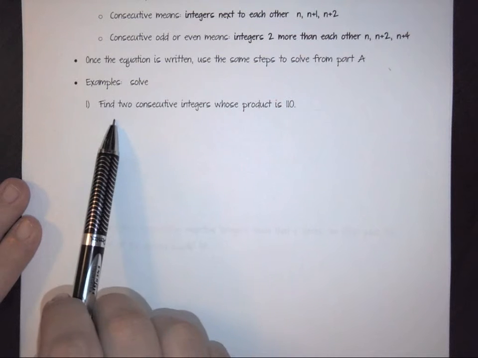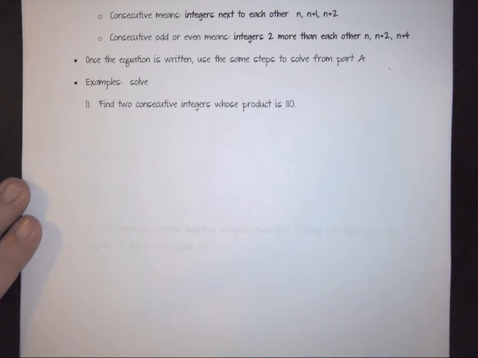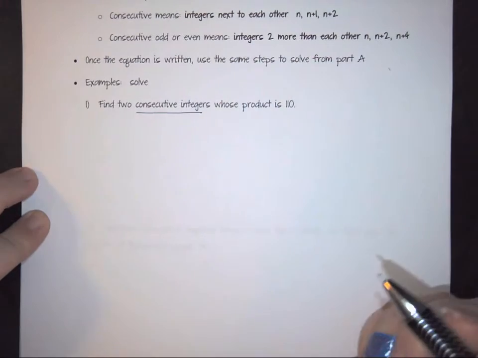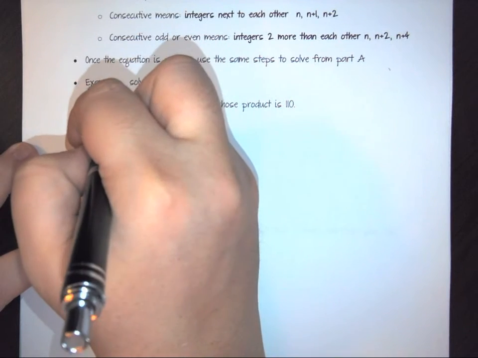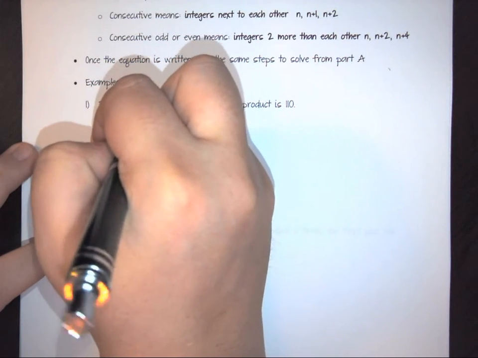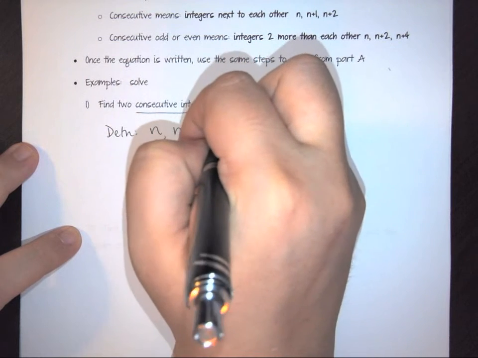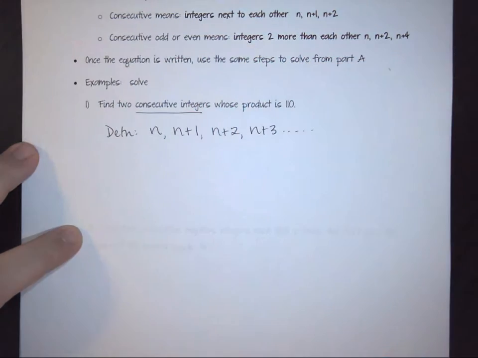So here I have, find two consecutive integers whose product is 110. So I want just consecutive. So this means I am looking at the definition of n plus 1, n plus 2, n plus 3, etc. So I'm going up each time.